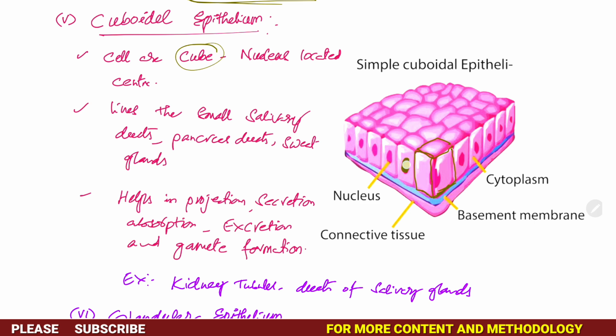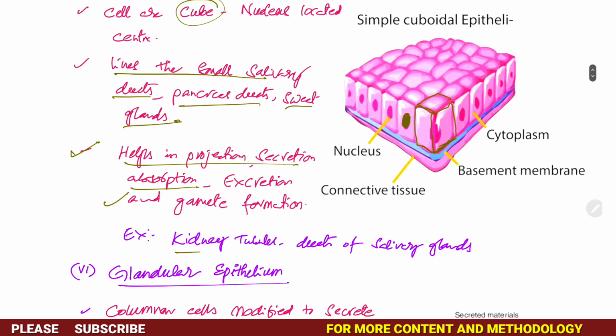This tissue lines the small salivary ducts, pancreatic ducts and sweat glands. It also helps in protection, secretion, absorption, excretion and gamete formation, very important. We can find it in kidney tubules and ducts of salivary glands, very important, kidney tubules and ducts of salivary glands.